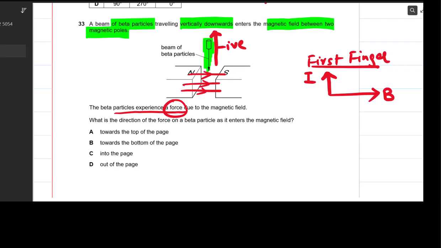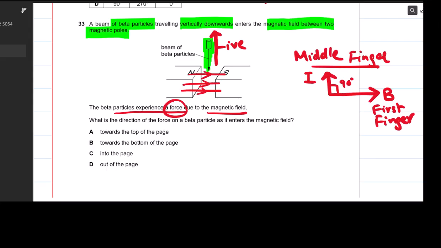Beta particle is experiencing force due to magnetic field. Okay, I'm writing here second finger, because second finger, or you can say middle finger, represents current. Here I am writing first finger, which represents magnetic field. So open the first finger towards right. Open your current direction of middle finger upwards. They must have 90 degree with each other.